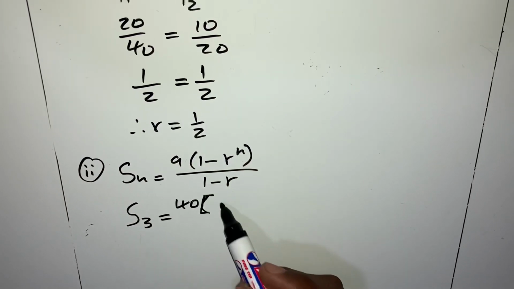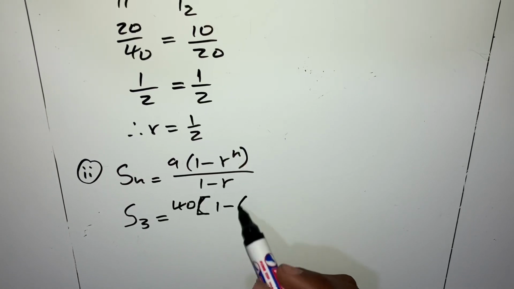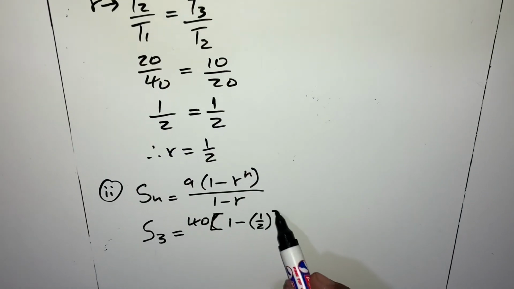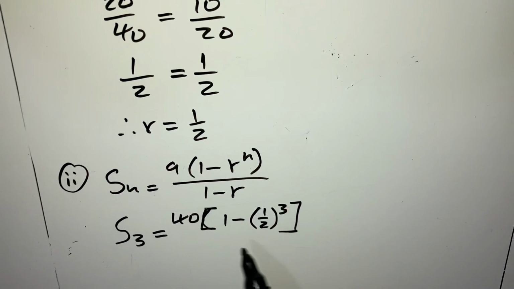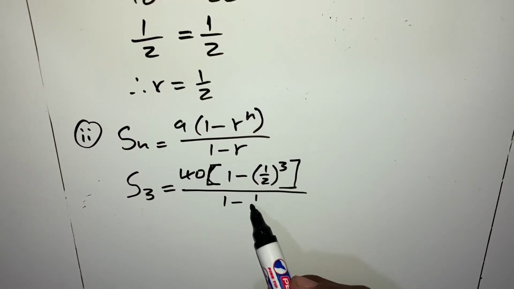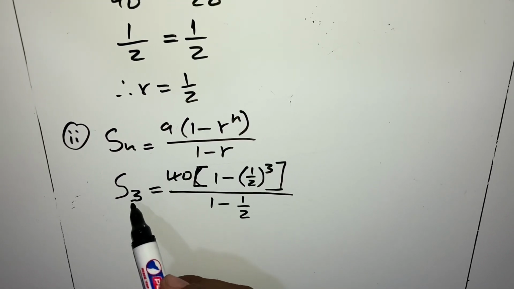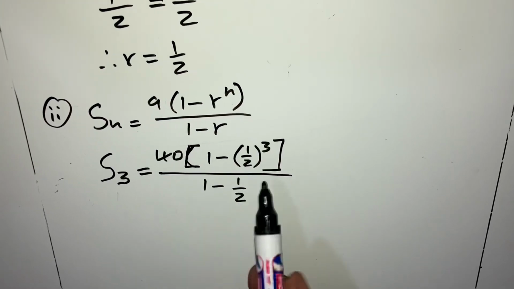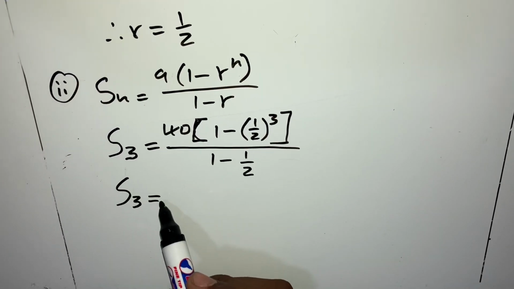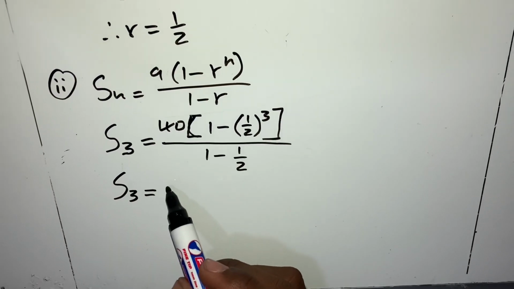Let's use our square bracket. 1 minus my r, which is 1 over 2, to the 3, close the bracket, over 1 minus 1 over 2. You will then punch this on your calculator as it is. Then you'll find that your sum of the first 3 terms is 70.